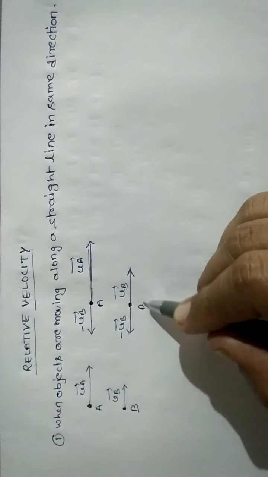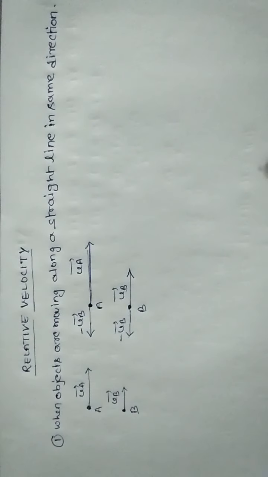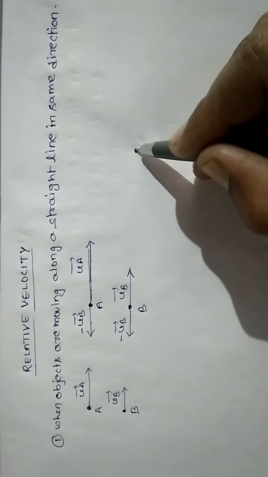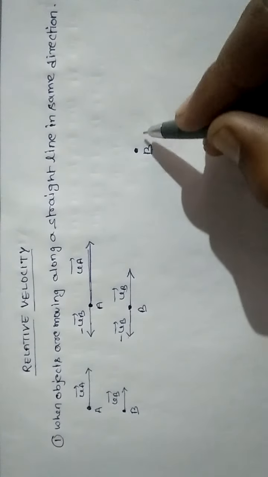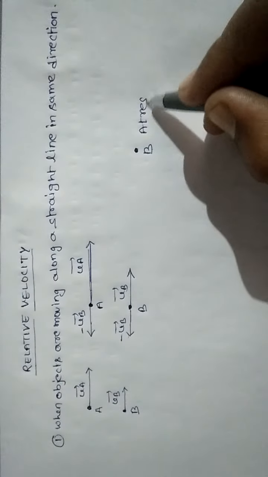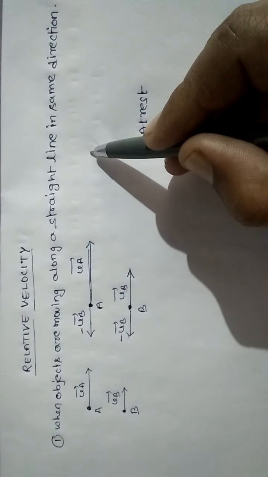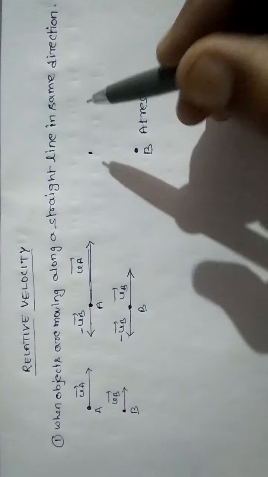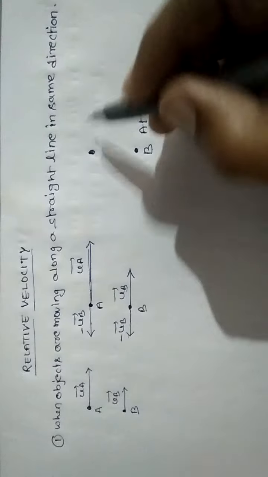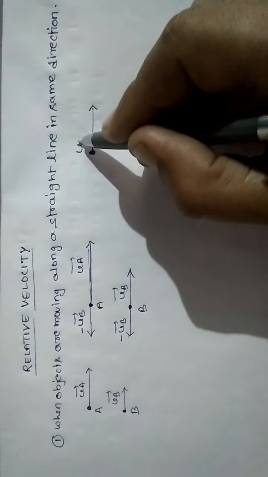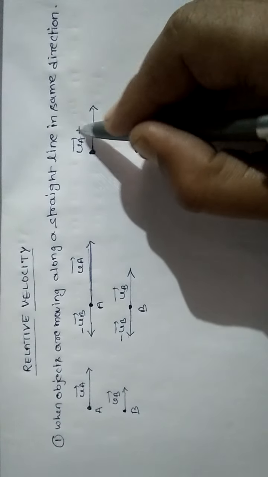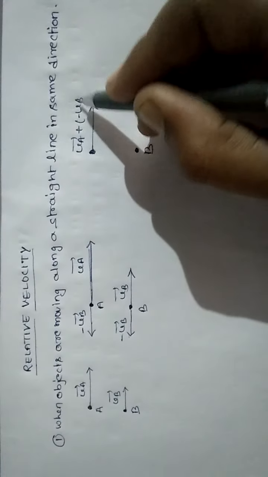By superimposing this velocity minus VB on VB, the B will come at rest, and the A will acquire a velocity which is equal to VA plus minus VB.